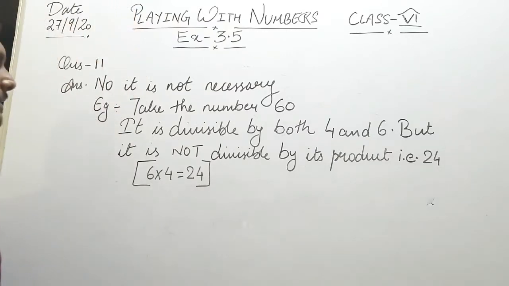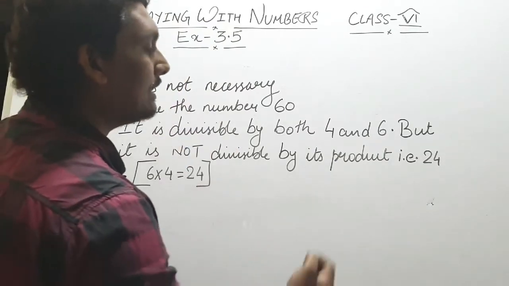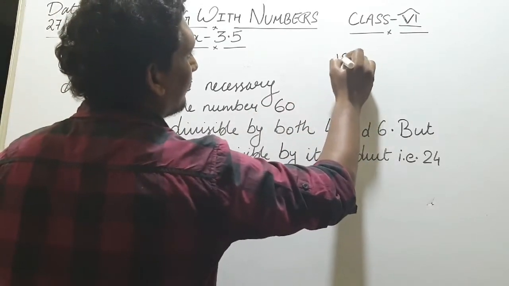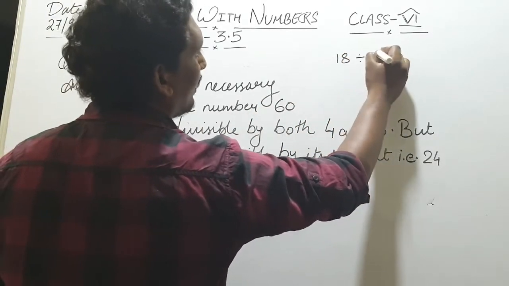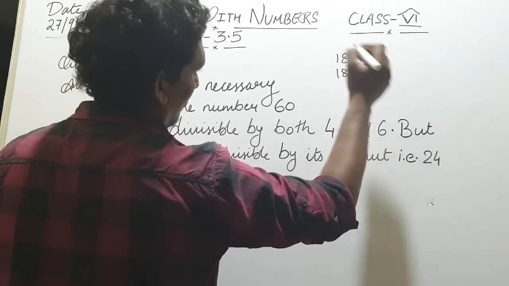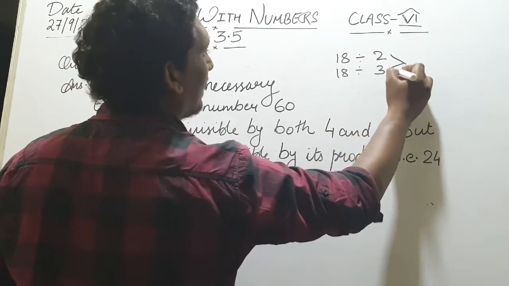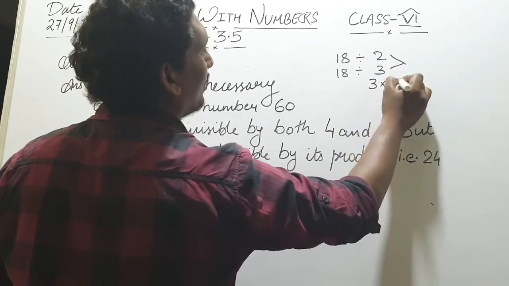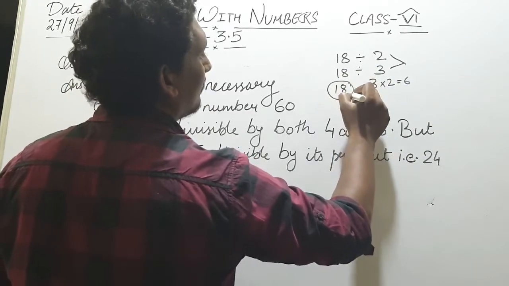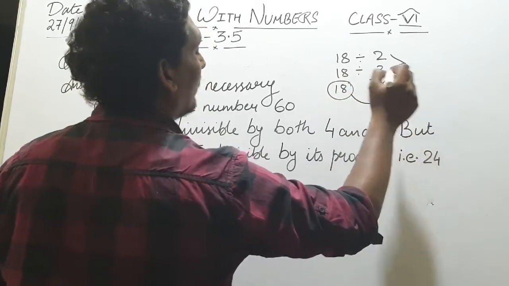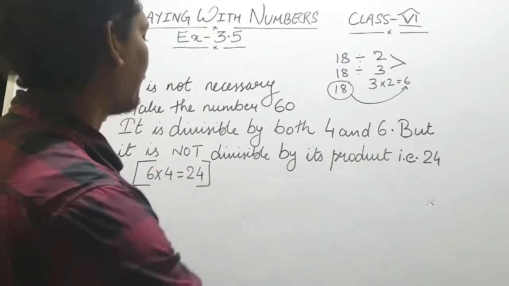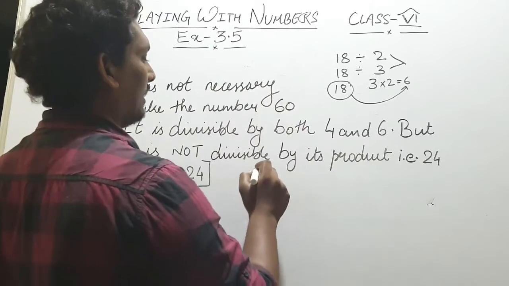So the problem is, in the question it is given, 18 is divisible by 2 and 18 is divisible by 3. But when you multiply 3 into 2, that is 6, this 18 is also divisible by 6.